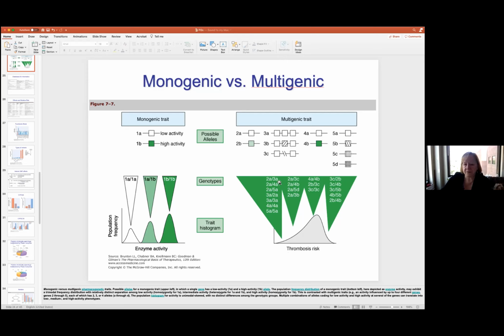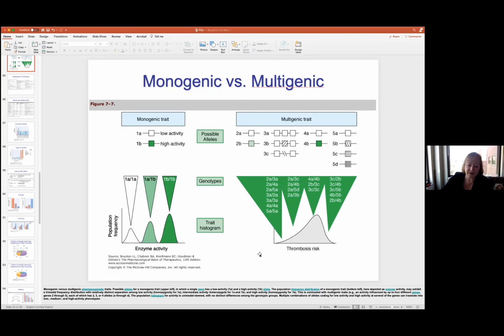But depending upon which combinations you have, you have 2A, and then you have 3C. 3C is actually missing a whole exon here. Then you're going to have something a little bit more risk of thrombosis. Once again, here you go. What happens if you have 4A, you're heterozygous for 4, and then you have all of these other combinations? You're going to have higher and higher thrombosis risk.